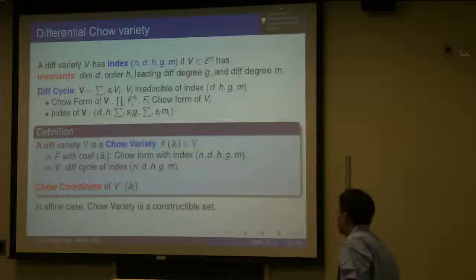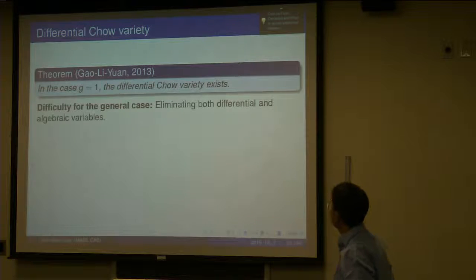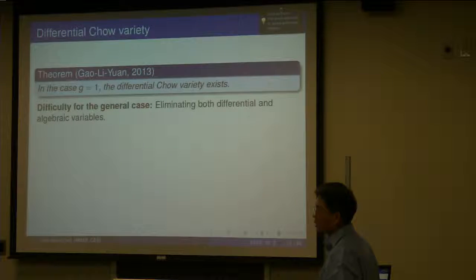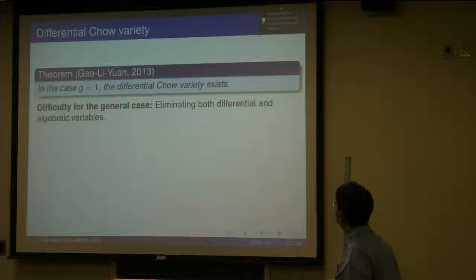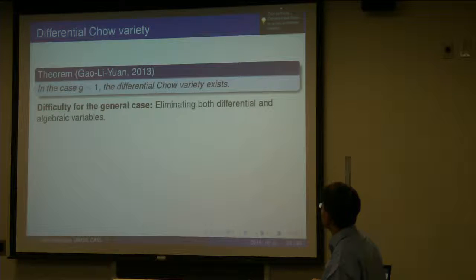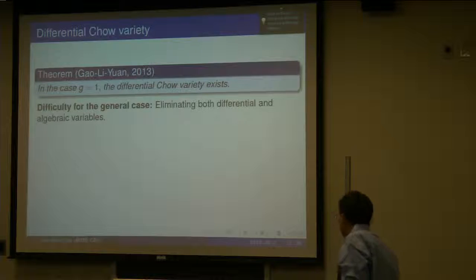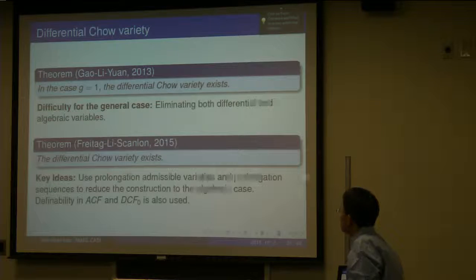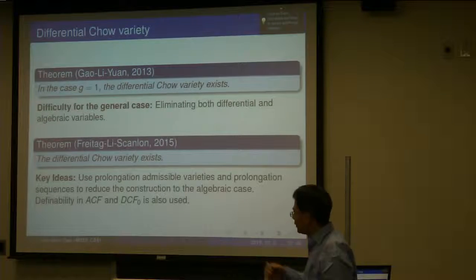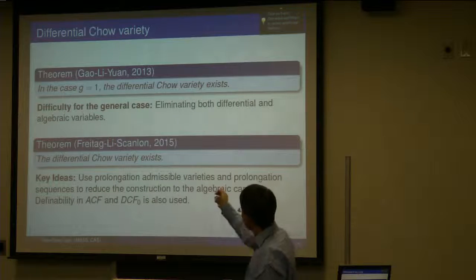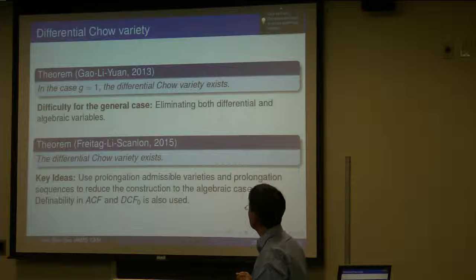But then we need to prove its existence. In our original paper, we proved only a very special case, only G equal to 1. The difficulty is to generalize it. We need to eliminate both differential and algebraic variables. Somehow we don't know how to do that. But recently, Wiley, who is now visiting Berkeley with Scan, somehow proved the existence of the differential Chow form.